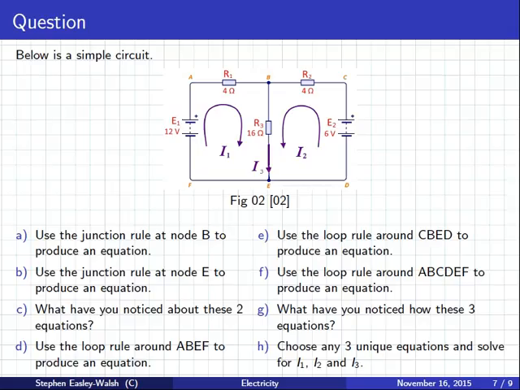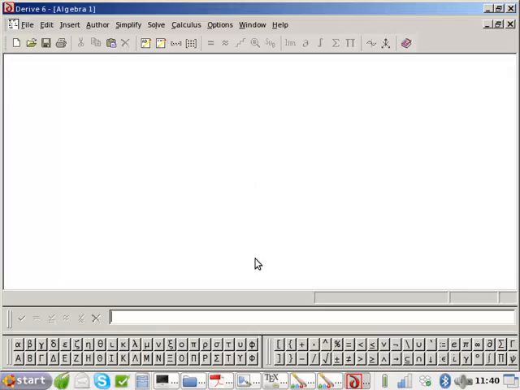Okay. Let me type in the 3 equations. So, what was my first equation? Now, instead of I1, I2, I3, we can have x, y, z. What's the first equation? X plus y minus z equals 0.